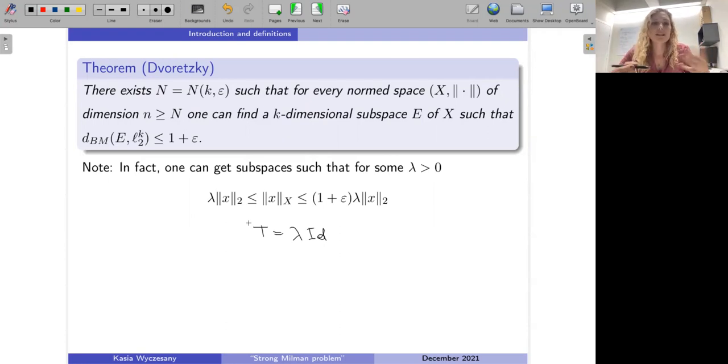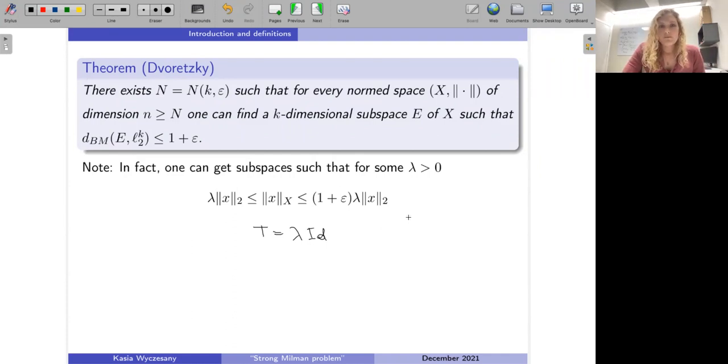So that's how I can always go to this sort of almost spherical section rather than almost ellipsoidal section here. This will be important because this property here, I'll be referring to as a subspace being strongly almost Euclidean, but I'll come back to this.